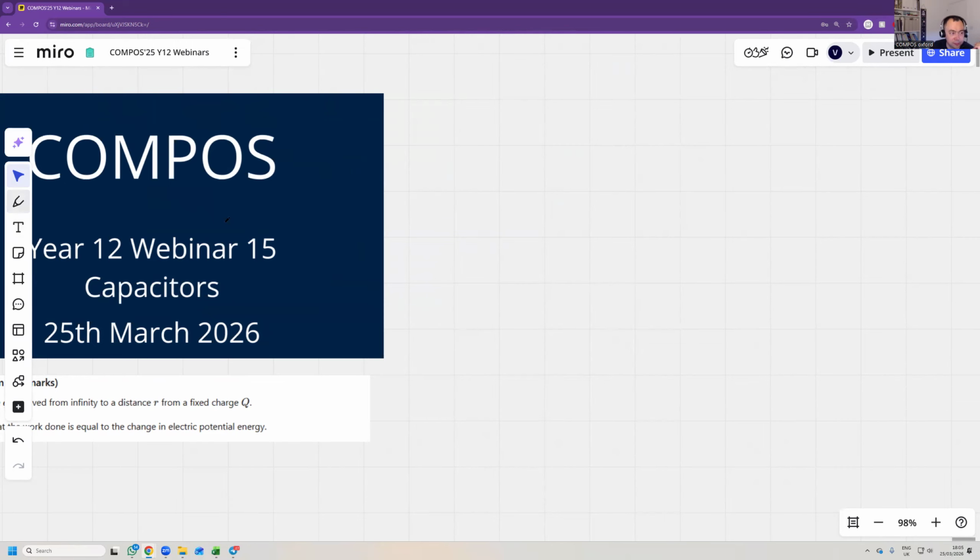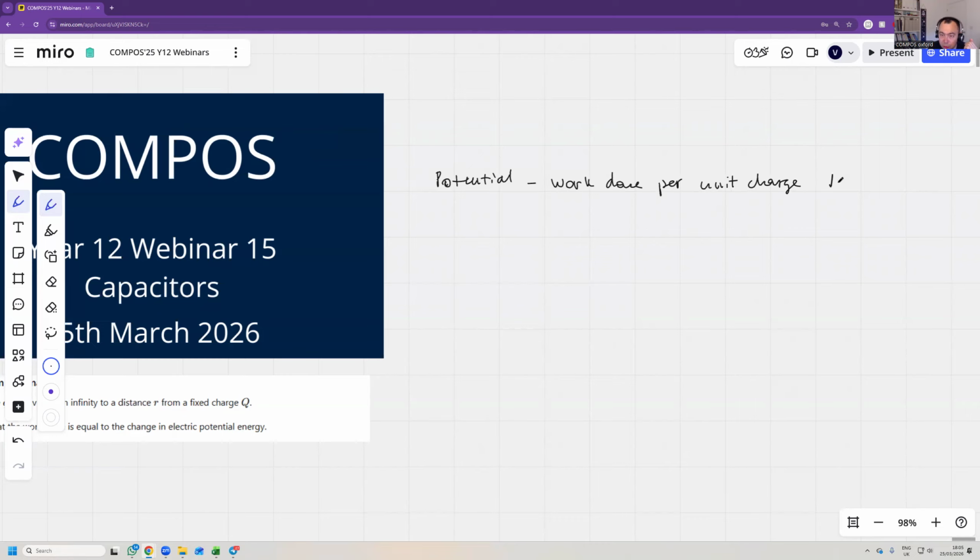Potential is the work done per unit charge to move a small positive test charge from infinity to a point P in the field.